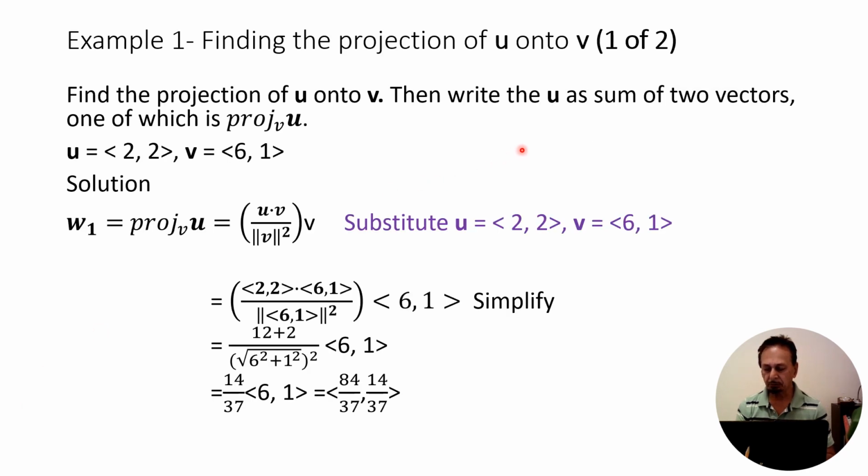Finding the projection of U onto V. Example 1. Find the projection of U onto V, then write U as a sum of two vectors, one of which is the projection of U onto V. So here we have a vector U, angle bracket 2 comma 2 angle bracket, and vector V, angle bracket 6 comma 1 angle bracket.